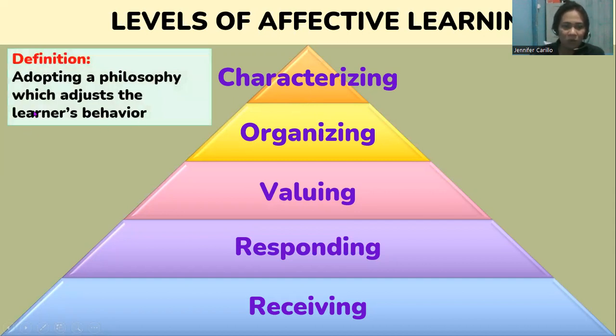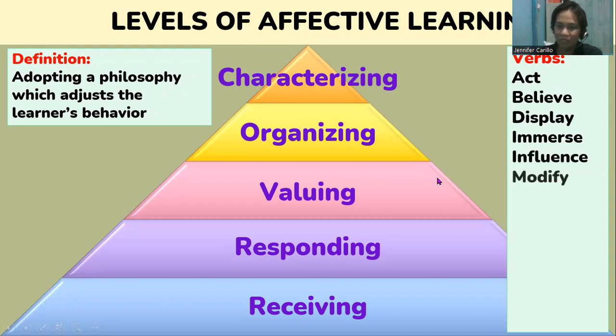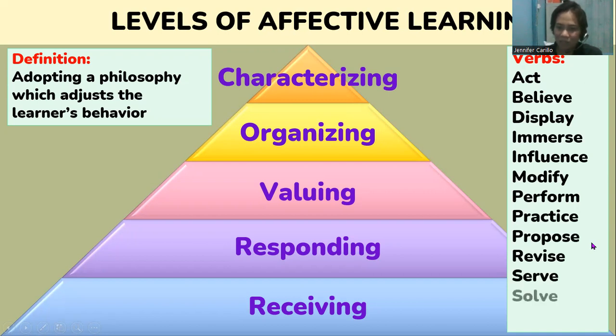So what do we mean by characterizing? Characterizing means adapting a philosophy which adjusts the learner's behavior. Okay. So what are the verbs under this level? We have act, believe, display, immerse, influence, modify, perform, practice, propose, revise, serve, solve, verify.